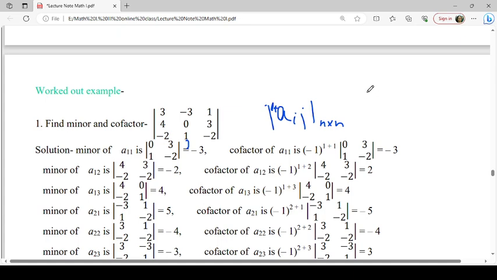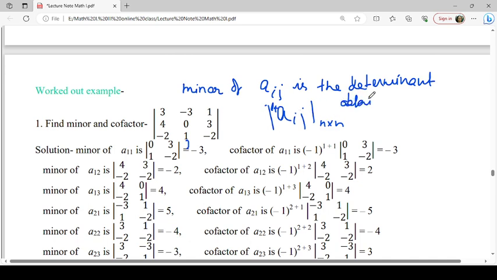The minor of aij is the determinant obtained from this parent determinant by omitting the ith row and jth column.